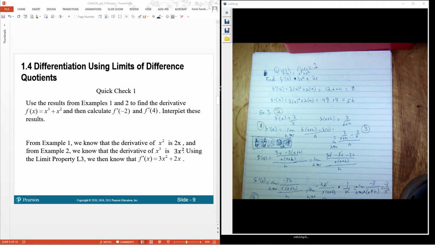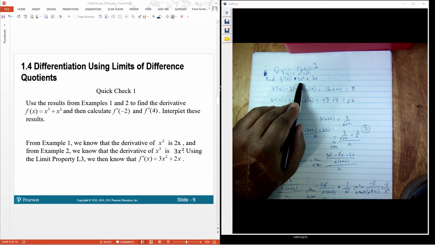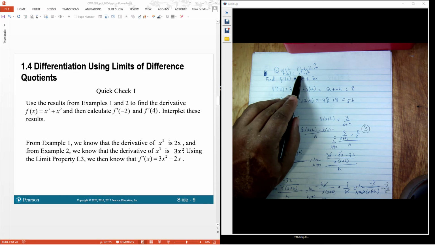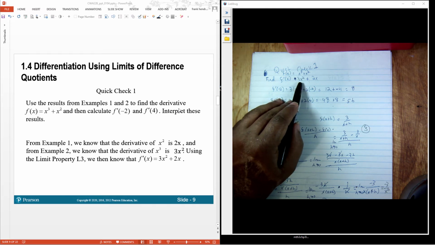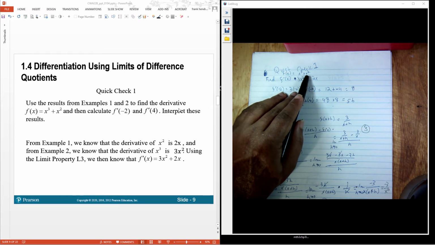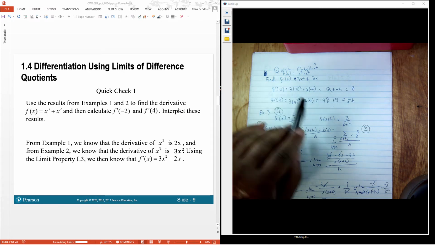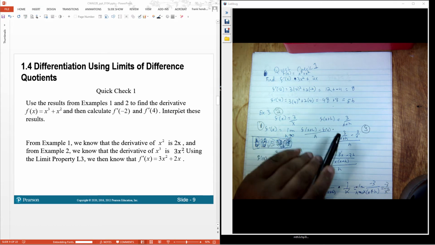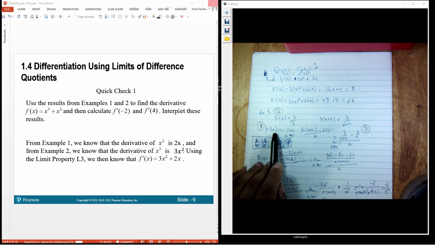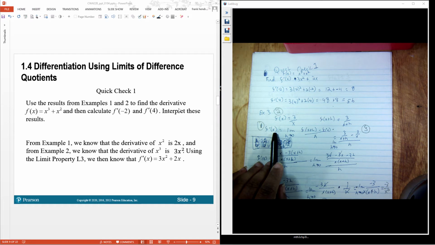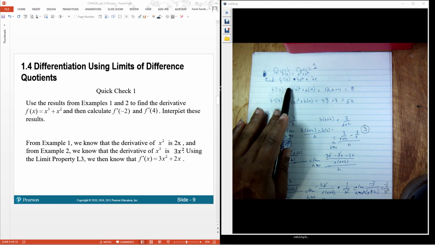Now they want us to find the derivative of the function f of x equals x to the third plus x squared. The approach I took is that we already found that the derivative of x to the third is 3x squared, and we already found that the derivative of x squared is 2x. So f prime of x is right there.